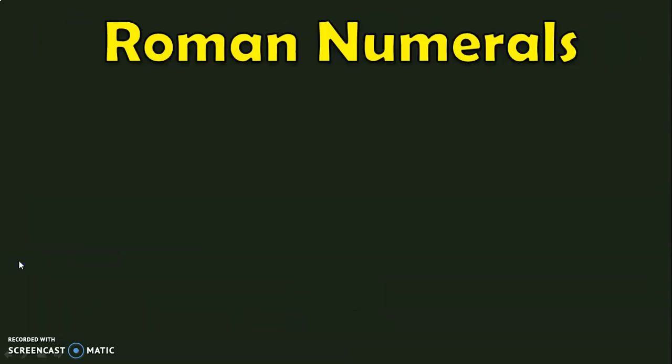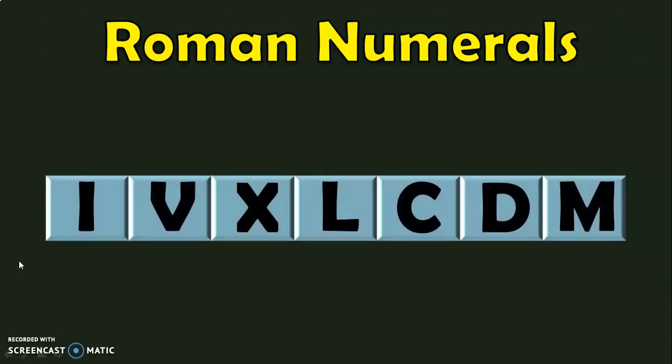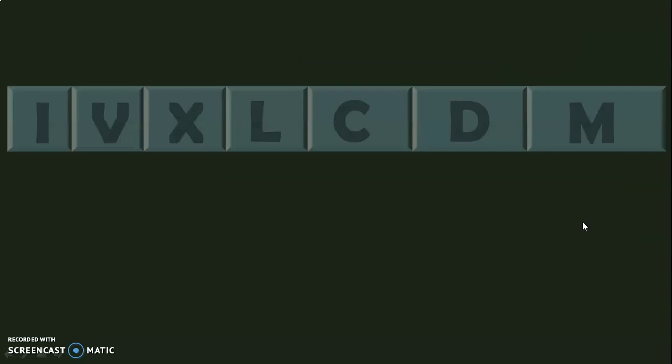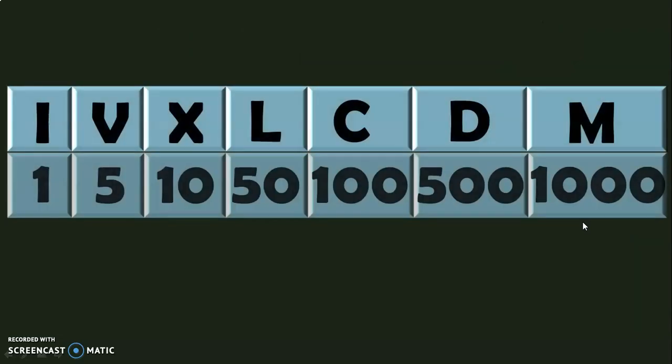Now, let us see what Roman numerals are. The Roman numeral system uses the following 7 symbols or numerals. They are I, V, X, L, C, D and M. Let us see how these Roman numerals are related to the Hindu-Arabic numerals.